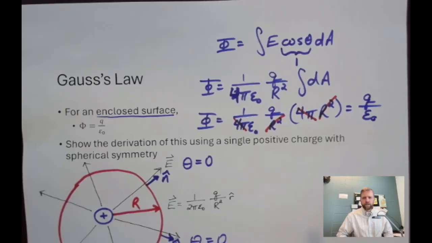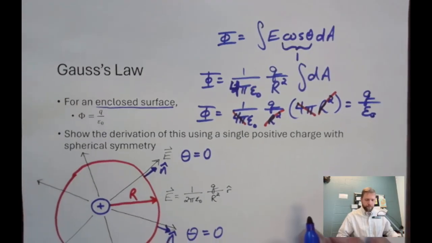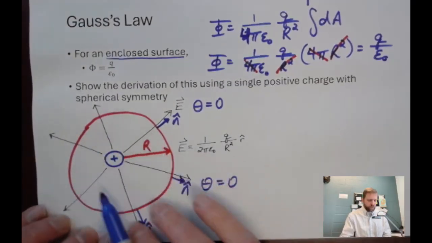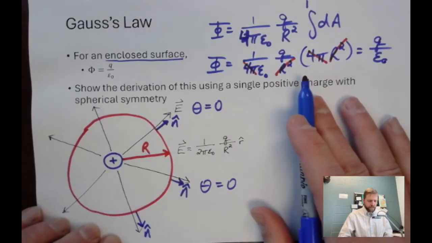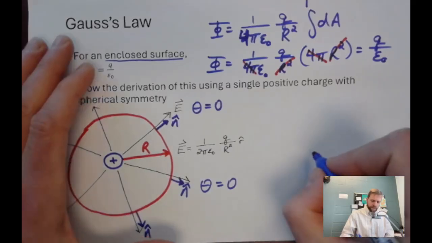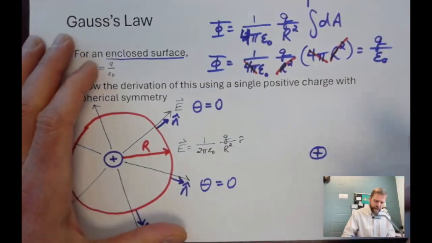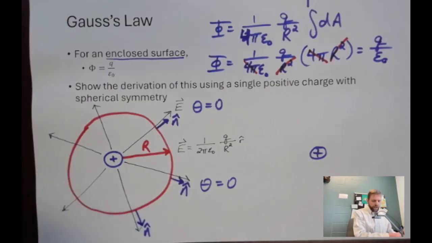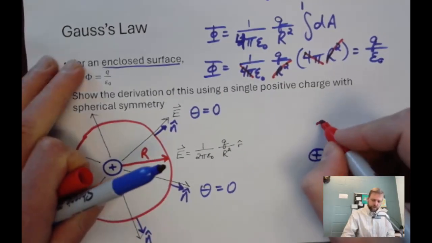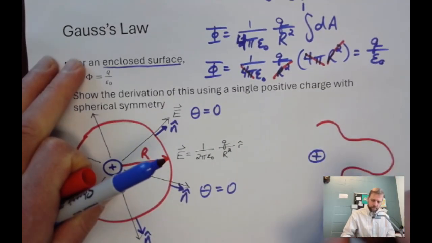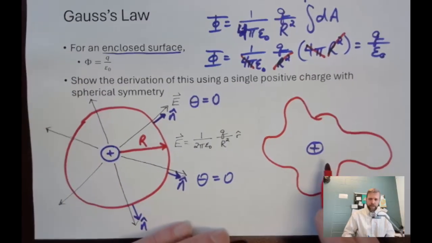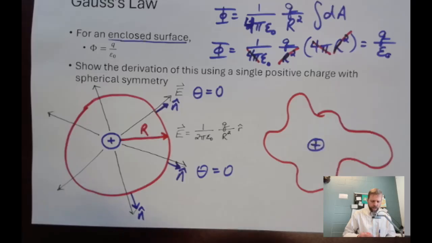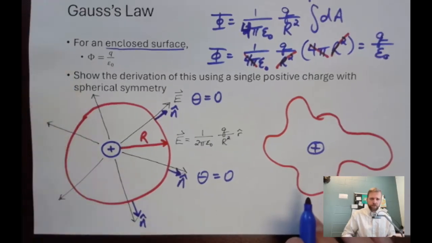All right, now we did this with a nice spherical symmetry. That made the math easy. The interesting thing about this is that even if you have a non-spherical surface, something like this, something awful like that, the net flux is still the same for an enclosed surface.